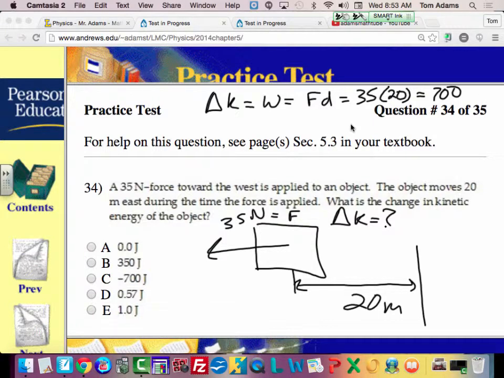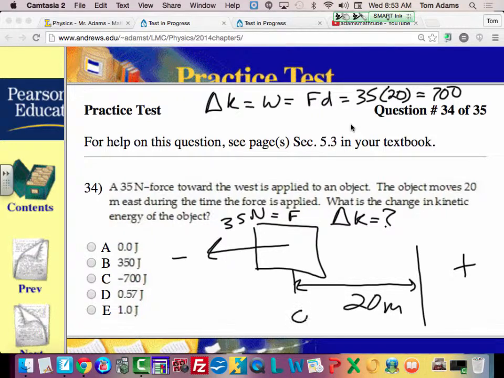Now, I'm not quite sure how you would want to label this. It works out a lot of ways. If I make going to the right positive and going to the left negative, then my force would have a negative value. If I flip-flop that, then my displacement would have a negative value.